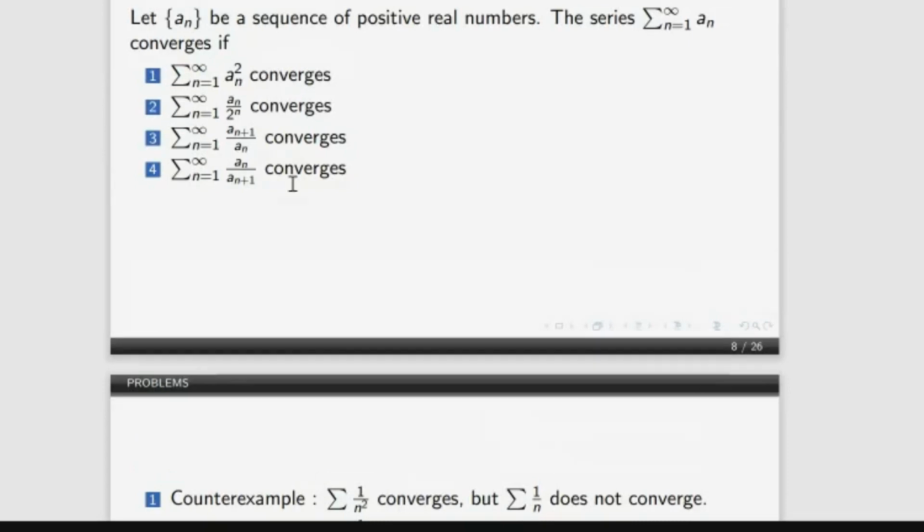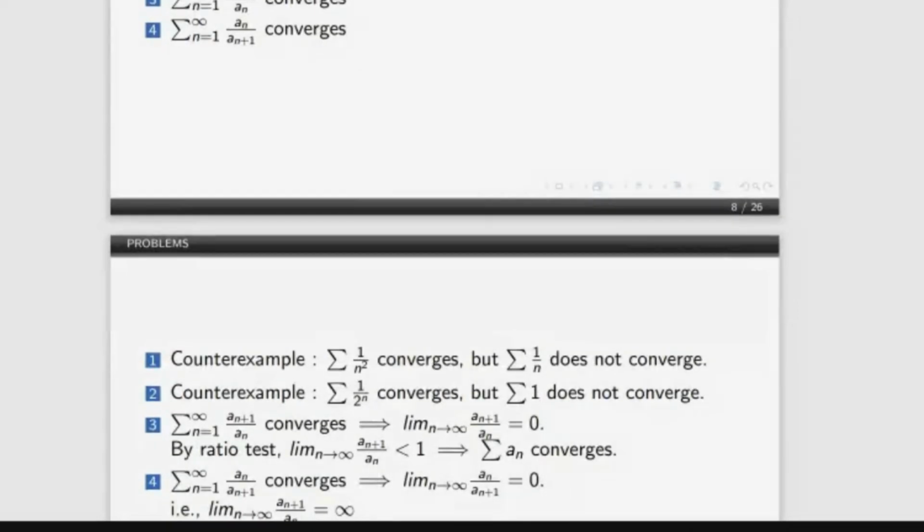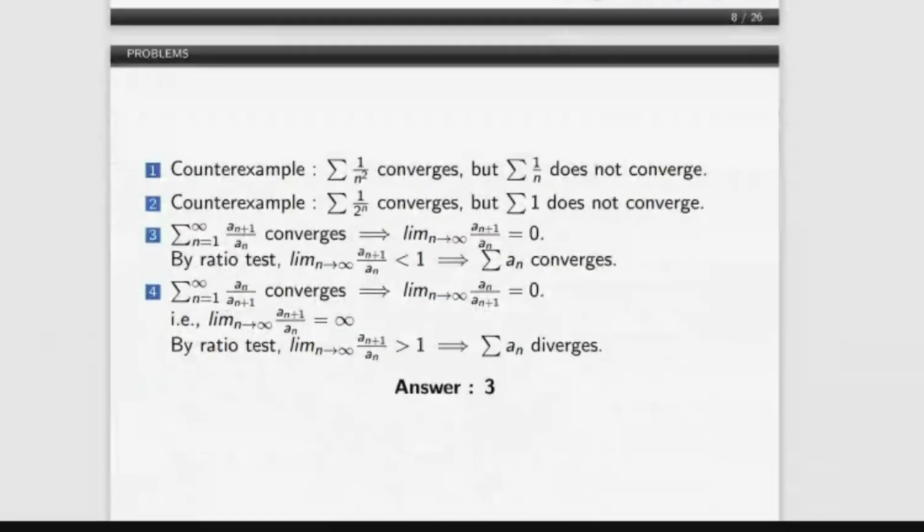So option 2 is also false. Now coming to options 3 and 4, it is using the idea of ratio test, right? Just like I've told, you can use theoretical ideas or counterexamples, whichever is comfortable for you, right?